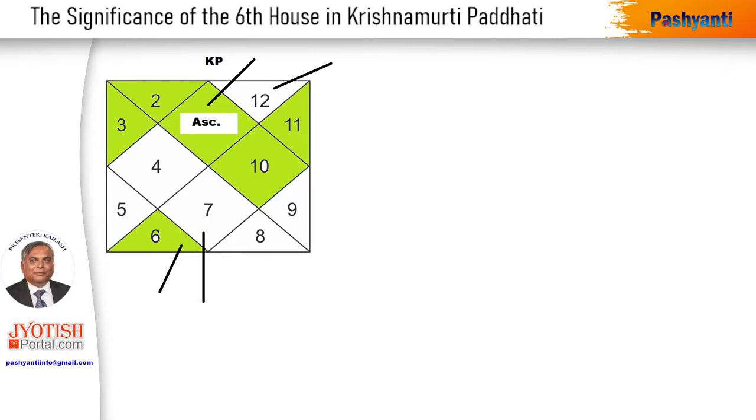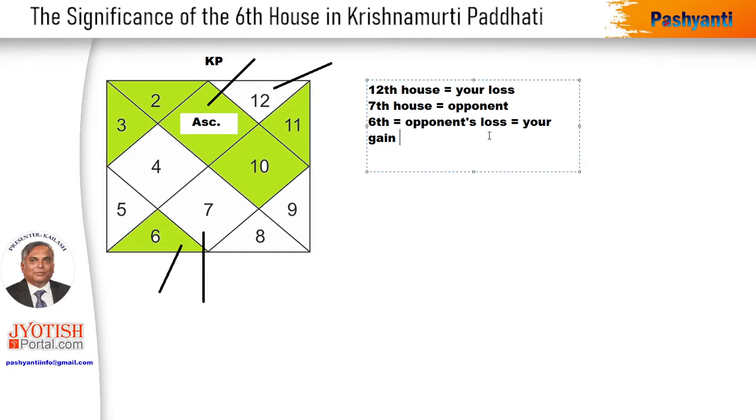So what we can now do is summarize this. The 12th house is your loss, the 7th house represents the opponent, so the 6th house, which becomes the 12th from the 7th, is the opponent's loss, thus it is your gain.